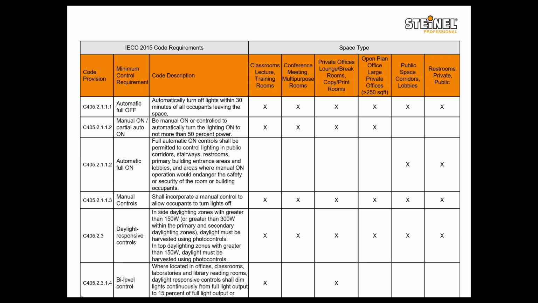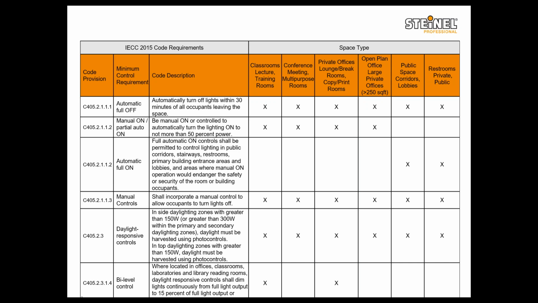So the code says in any daylighting zone, which is an area immediately next to any sort of fenestration, which has its own set of rules for calculation and all that, if the total general lighting load in that area exceeds 150 watts, you need to have some sort of daylight responsive controls in that area.